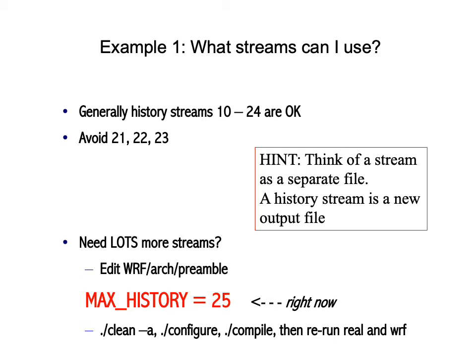We've already used streams 21, 22, and 23 for things like isobaric data, pressure level, height level data, etc. If you need more streams, there is a single line in the Arch preamble inside of the WRF source code. It simply says max history is equal to 25. If you set that to a larger number, again, clean -a, configure, compile, that will allow you to run however many streams you would like to have.